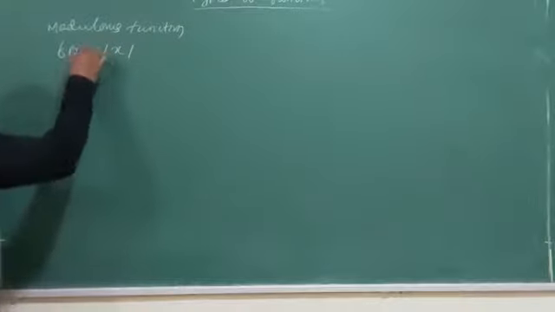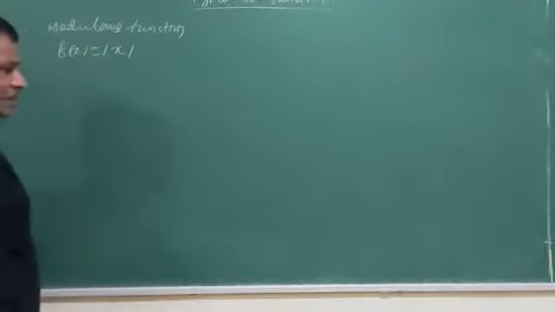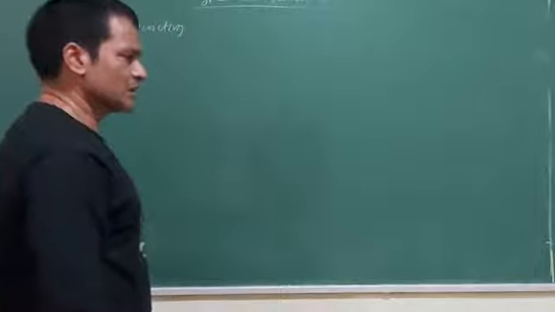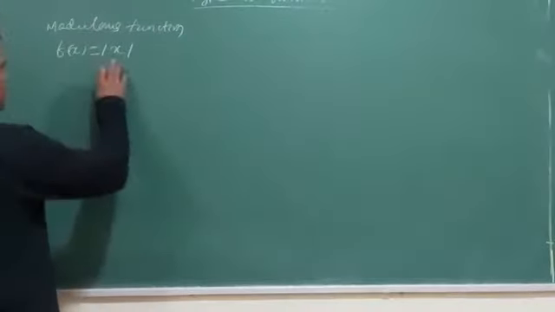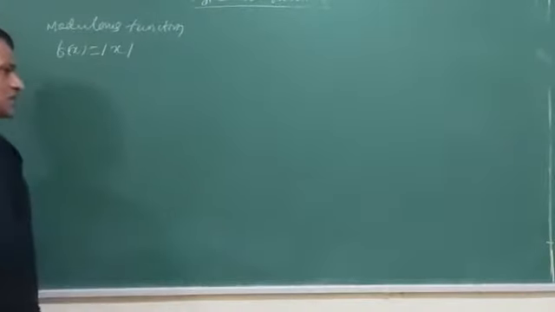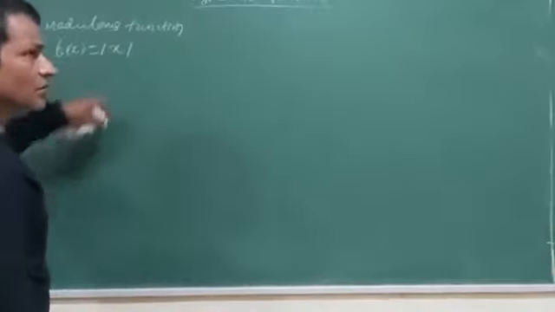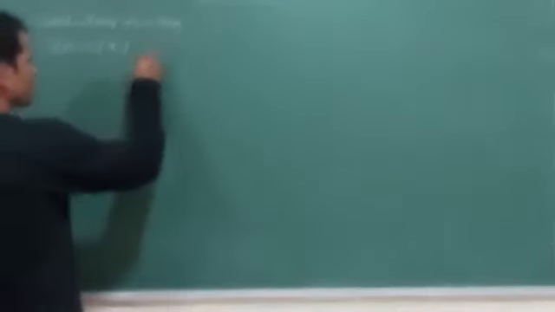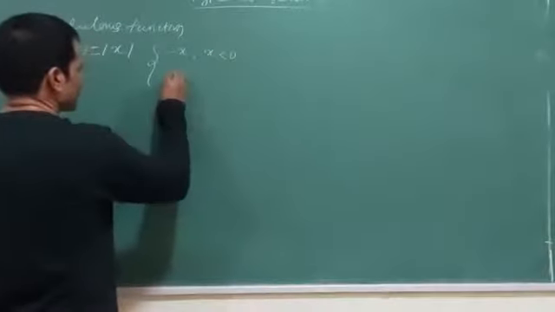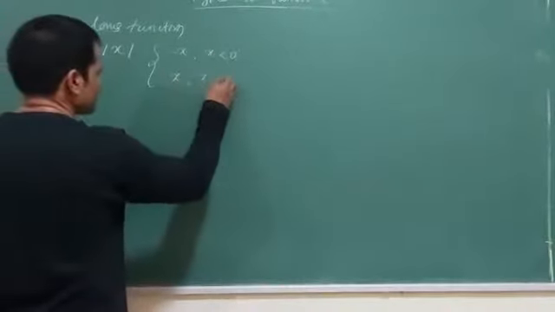Whenever there is a modulus question, we have already studied this in linear inequalities, so you will get some hints here. Whenever a modulus function is there, equate it to 0, that gives you the partition value. Its partition value is 0. So it is minus x when x is less than 0, and plus x when x is greater than or equal to 0.